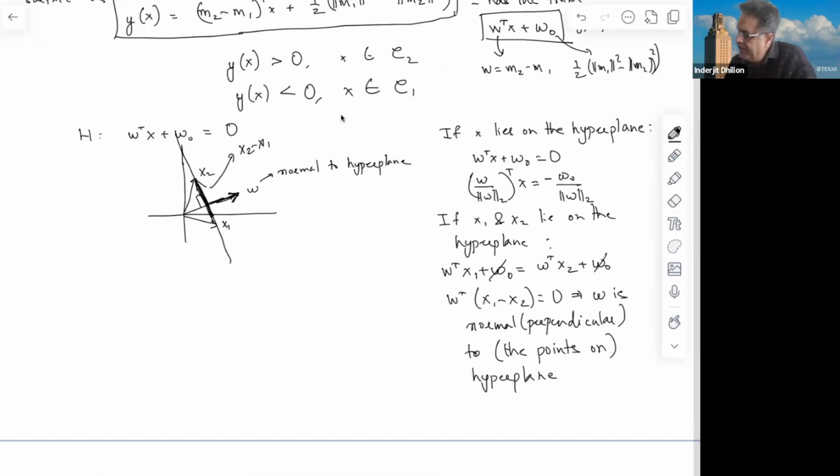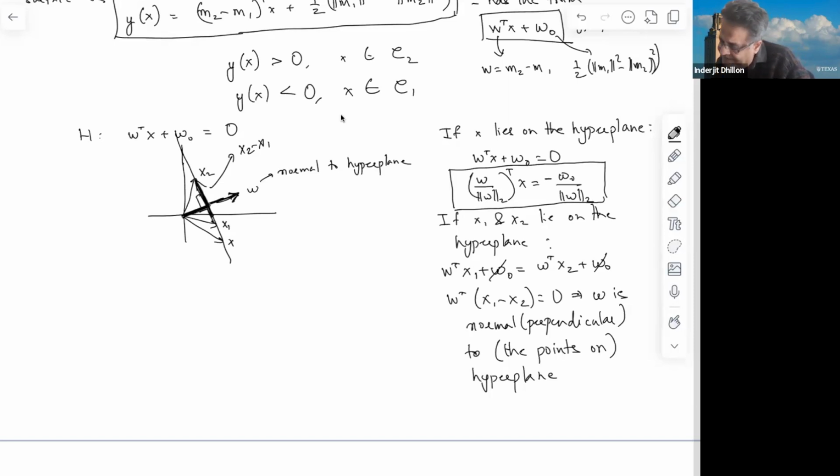Okay, and then if I look at this closely, this is saying that when I project any X, so this could be some random X, for example, X1 or X2, this is the projection.